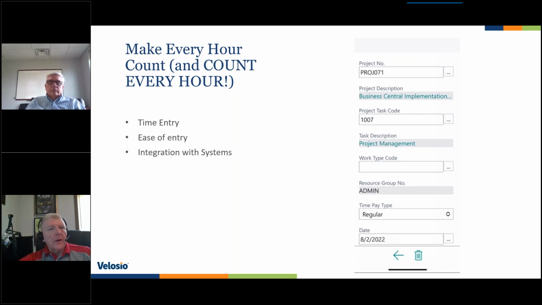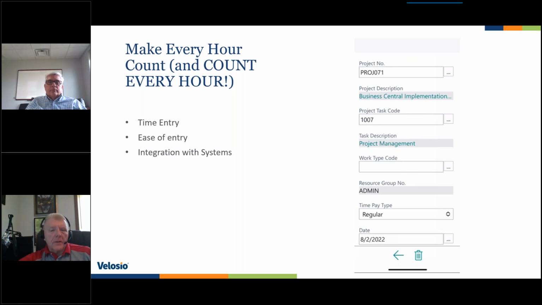It flows all the way through both, or in this case, all 3 systems, Jira to the projects to the accounting system, and it's one piece of entry for the consultant/technician. So ease of entry makes that time entry very simple, very efficient. It's all integrated, and it lets you count every hour.